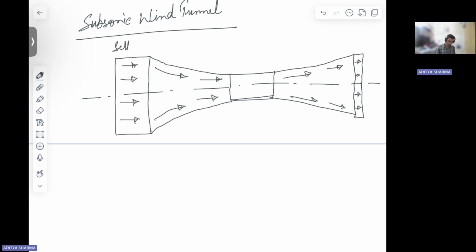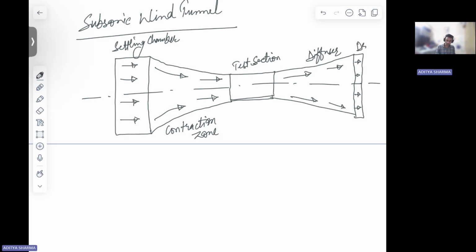So this is your settling chamber. This is your contraction zone. This is your test section. This is your diffuser.